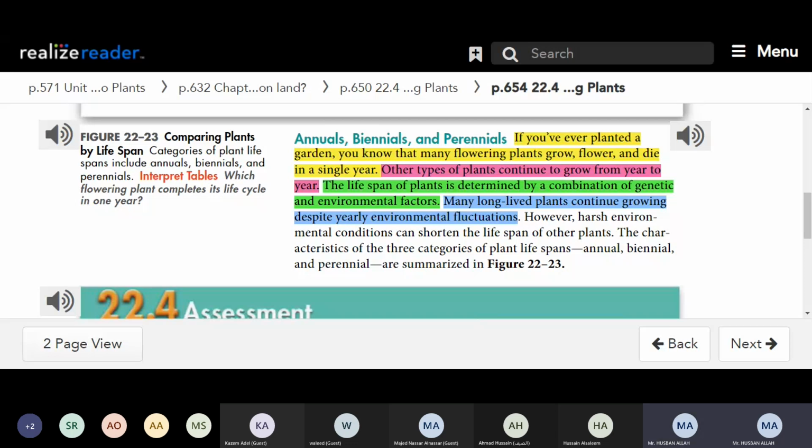I always told you in chemistry and in biology, environmental factors are most important, right? They can influence any chemical process and any biological process, anytime, anywhere. Just take the example of humans. This year we have more cold. Before we were not having this cold.